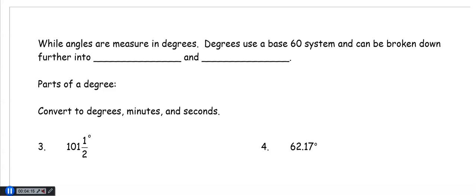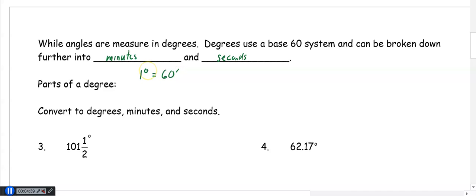So while angles are measured in degrees, degrees are based on a 60 system, just like a clock. So we can break degrees down further into minutes and seconds. So for a degree, 1 degree is equal to 60 minutes.